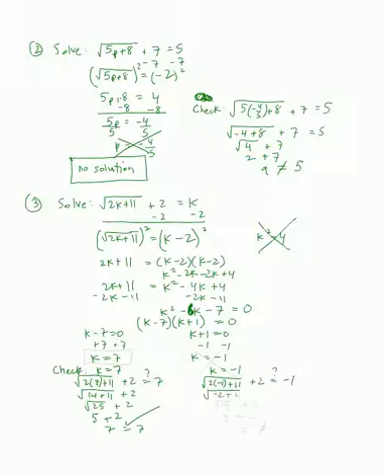We end up with negative 2 plus 11, or 9, square root is 3, plus 2, which is 5, which is not negative 1. So actually, this answer doesn't work. The only one that works is this answer, so we box it.